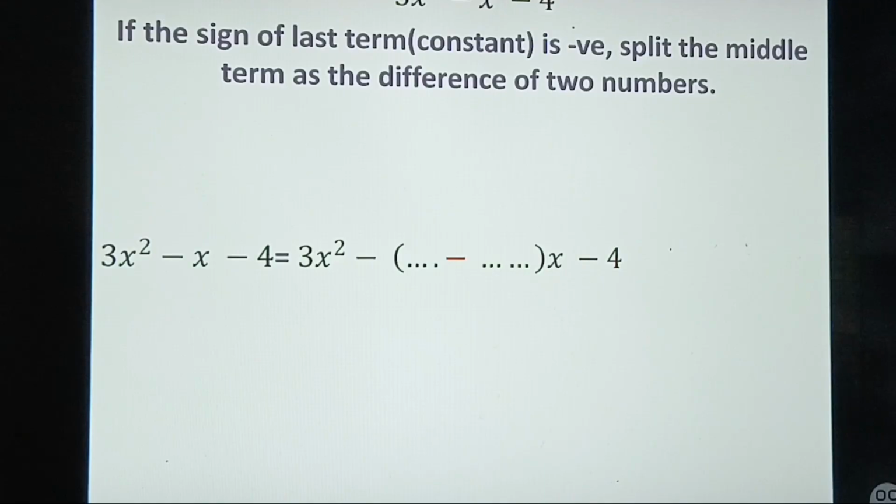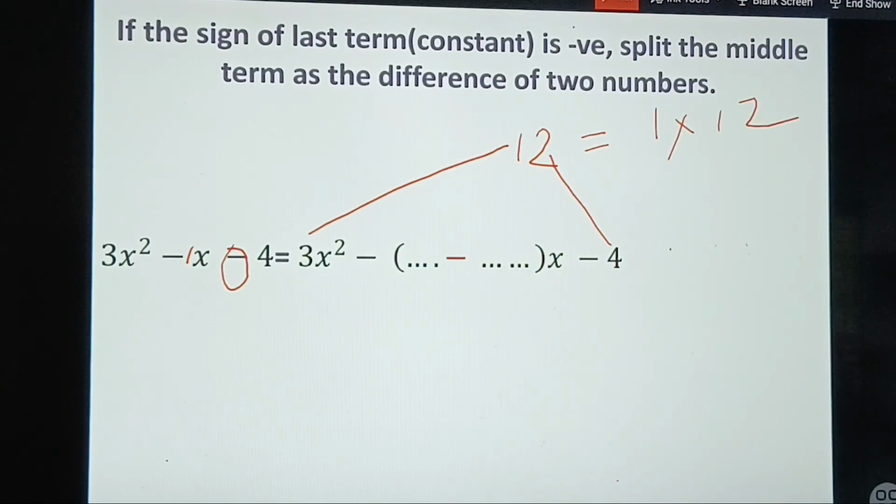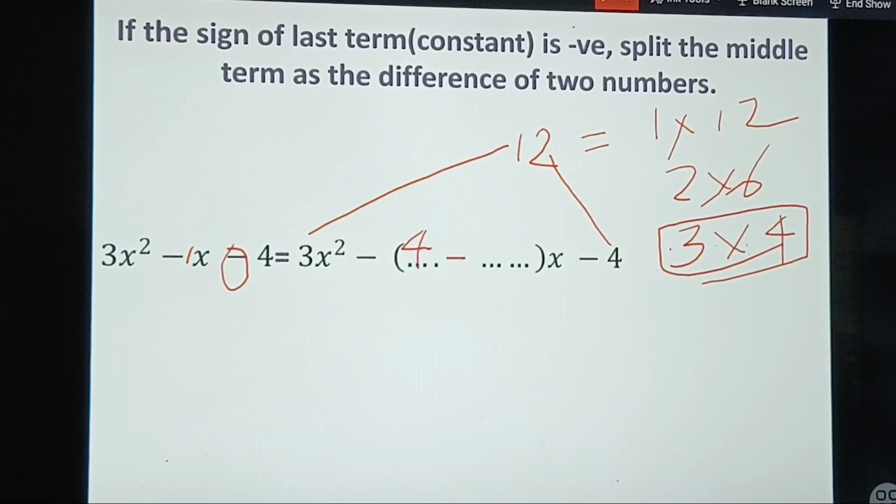Yes, one more question as practice for you. Here the last sign is negative, and x means 1x. You multiply 3 and 4, it is 12. 12 has different combinations: 1 into 12, 2 into 6, 3 into 4. If you take this pair, 4 and 3, 4 minus 3 is 1.